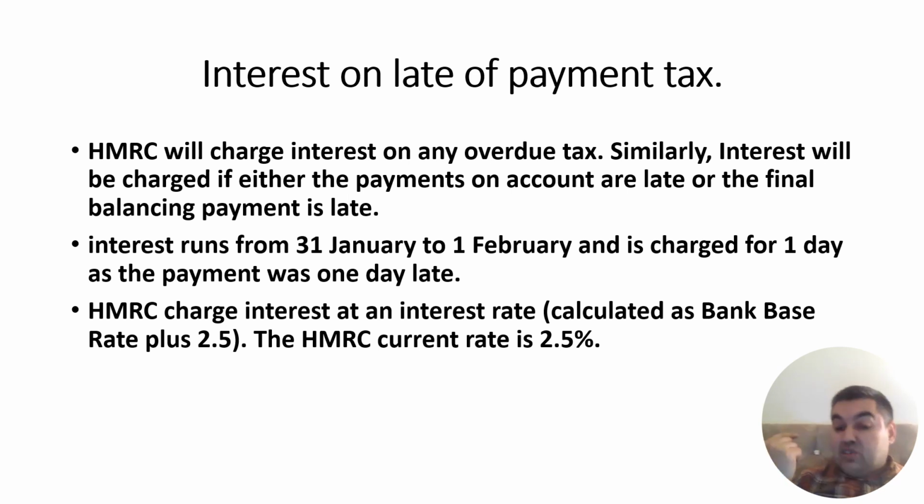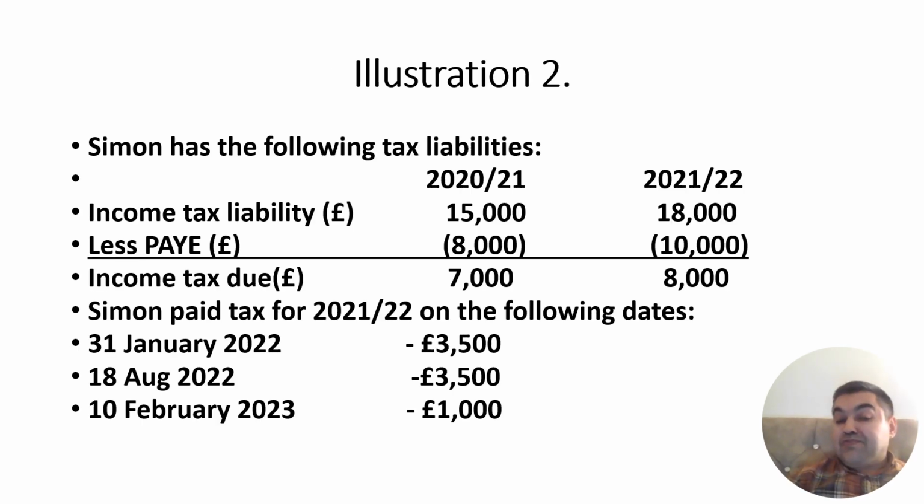Even if it's 1 day late, they would charge you interest. HMRC charge interest at the central bank base rate plus 2.5%. Nowadays the bank rate is high, the base rate is 5.25%, plus 2.5%, so the interest rate will be in the range of 7.75%.